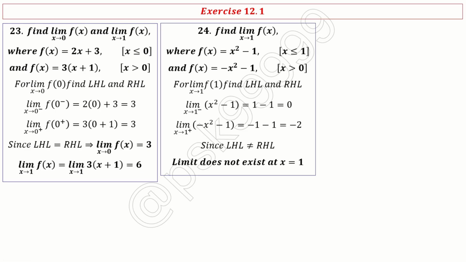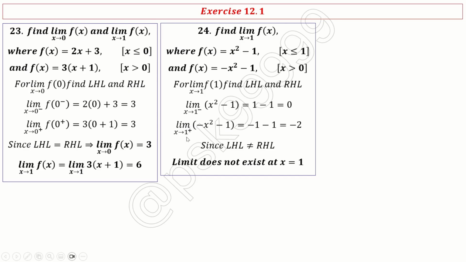Next, find limit x tends to 1 of f of x, where f of x is equal to x square minus 1 if x is less than or equal to 1, and it is minus x square minus 1 if x is greater than 1. Again, you have to find LHL and RHL at f of 1. Limit x tends to 1 minus means it is less than 1. Less than 1 means I have to take this value, x square minus 1, which is nothing but 1 minus 1, that is 0.